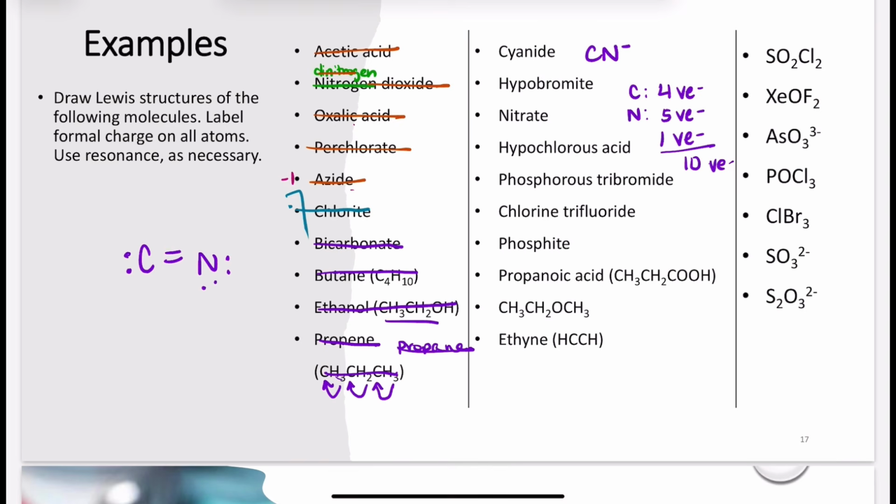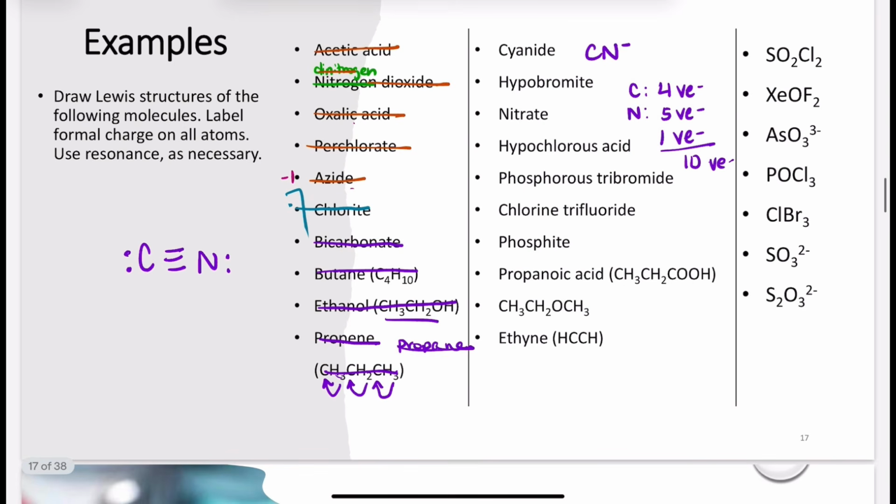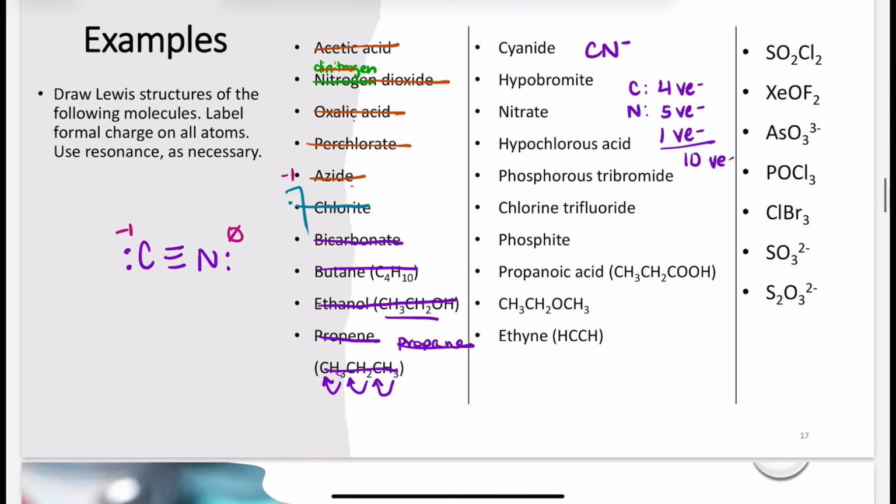Carbon does not have an octet yet, so I fixed that by making a triple bond. Now both of them have their overall octet. If I check formal charge here, nitrogen has a 0 formal charge, but carbon has a -1. And that's why cyanide itself has an overall -1 charge. We see that come through in the Lewis structure and in the original actual compound itself. The ion itself has a -1 charge that can be measured.